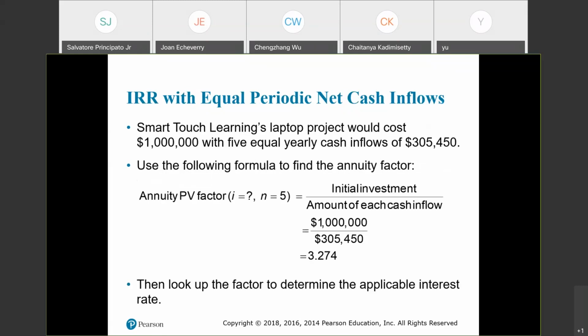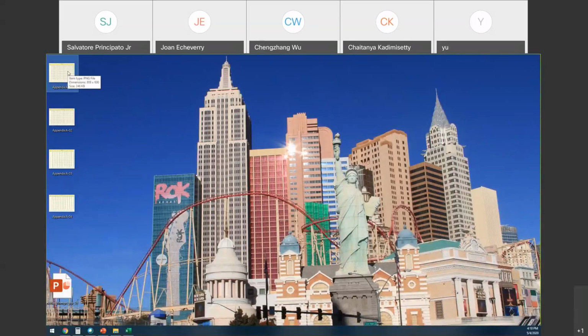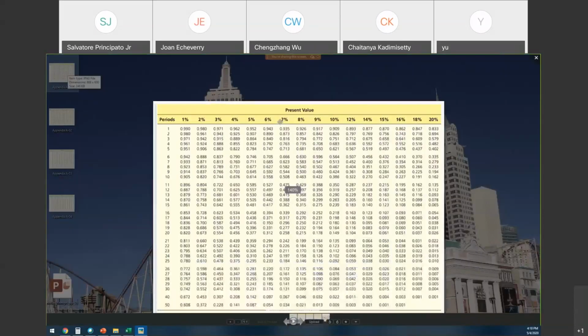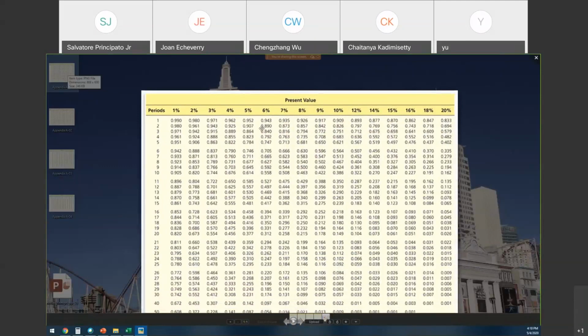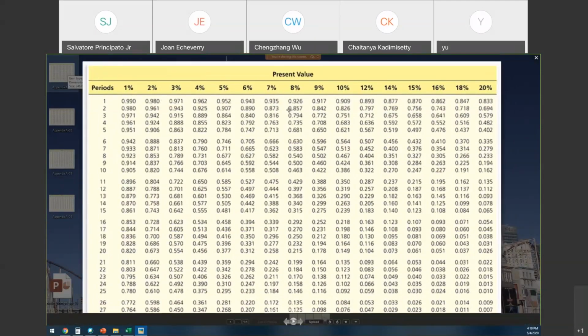I believe you are now able to use the interest rate table. Yes, this one. This is the interest rate table to calculate the present value.